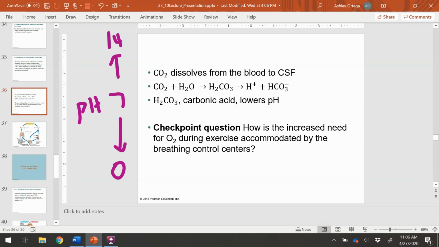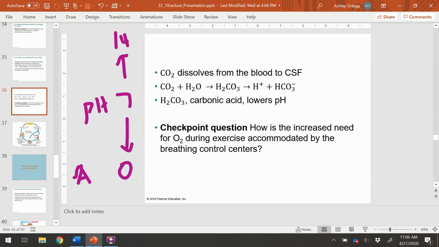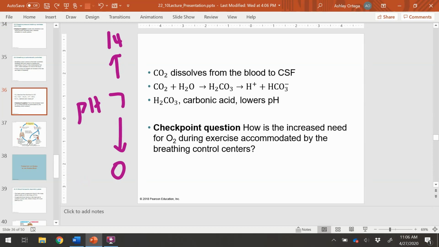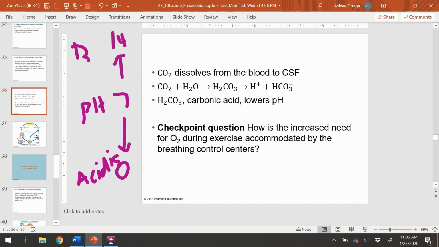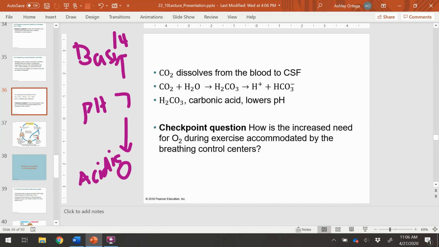Lowering pH makes it more acidic, and raising pH makes it more basic. Carbon dioxide binds with water, and it's going to form carbonic acid, and that lowers pH.